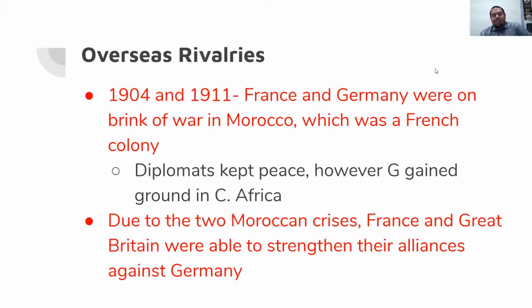Overseas rivalries. In 1904 and 1911, France and Germany were on the brink of war in Morocco, which was a French colony. Diplomats kept the peace, however, but Germany gained ground in Central Africa, as you saw on the map yesterday. And due to these two Moroccan crises, France and Great Britain were able to strengthen their alliances against Germany.